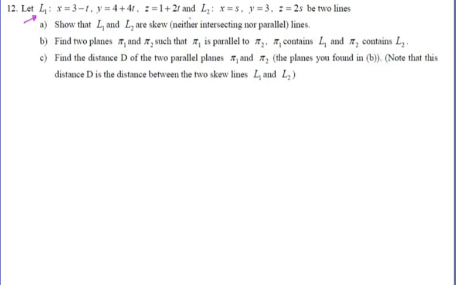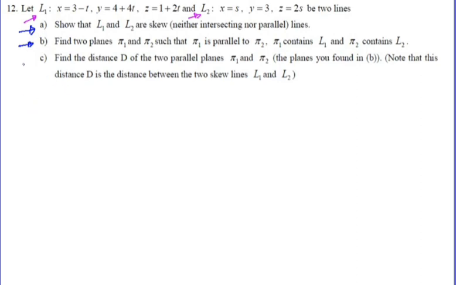form and L2 is given here in parametric form. These two lines are given, based on this information we are asked these three issues, ሶስት ነገሮች ተጠይቀናል. The first thing we are asked to show L1 and L2 are skew lines, and the second one we are asked to find two parallel planes containing these two lines.